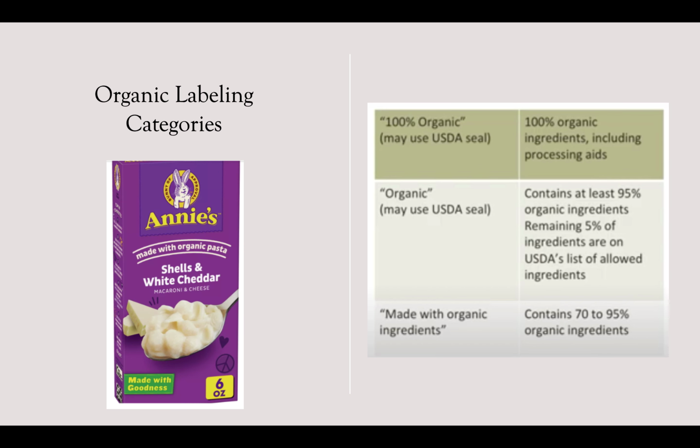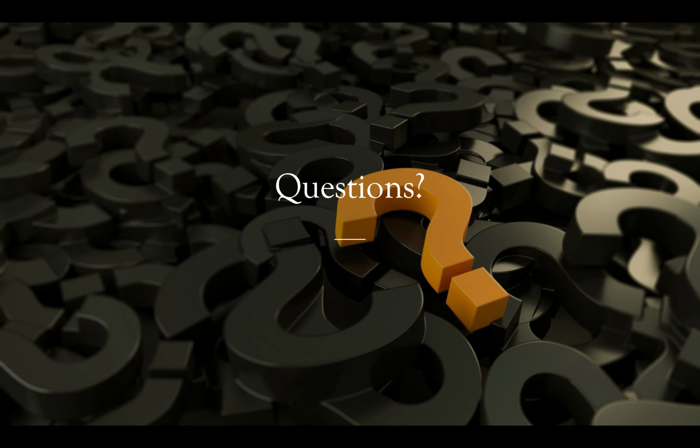Or it can say "made with organic ingredients," like this package of pasta, which contains 70 to 95% organic ingredients. So sometimes it can get really confusing if you aren't aware of the terminology. It even confuses me sometimes when I am out shopping if I'm trying to compare organic versus non-organic.